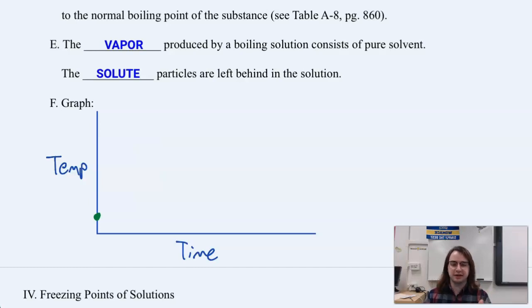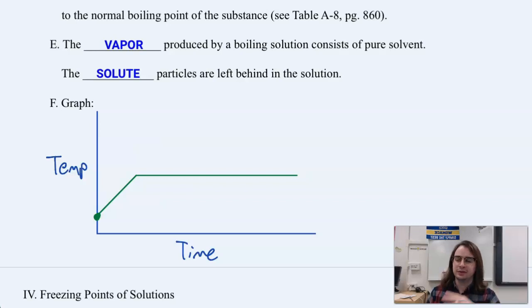So just solvent by itself, our pure substance. We're going to heat it, and we're going to heat it, and we're going to heat it. And you may notice or recall from the lab that while we're heating it, eventually the temperature levels out. And this makes sense to us. It connects back to a previous concept, right? We know that when something is going through a phase change, the temperature does not increase anymore. So this is just the solvent by itself. When we were doing the lab, that would have been maybe just the water.